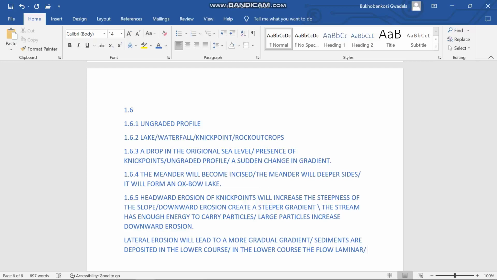So the carrying capacity is reduced due to the wider river channels.